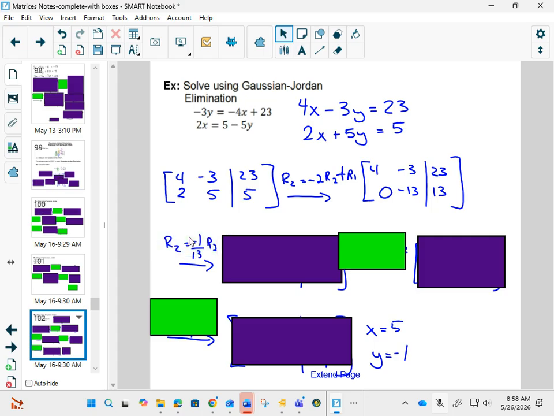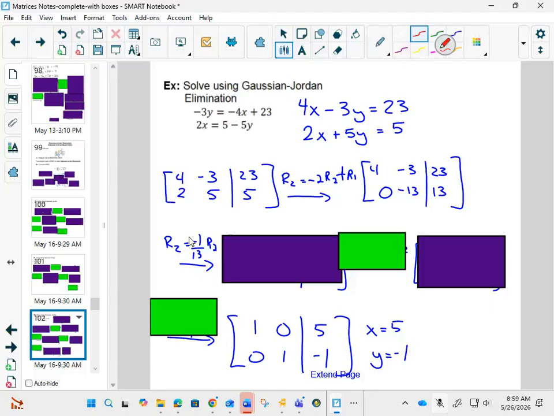One of the nice things you can do, if you get frustrated with these and you're working on one and you don't know if you made a mistake, is type the original matrix into your calculator, do the reduced row echelon form on your calculator, and it'll give you this. And you'll say, I know x is 5, and I know y is -1. So sometimes I just changed row 2, and something feels wrong. That can happen. Well, I can do a little check at this red spot here.